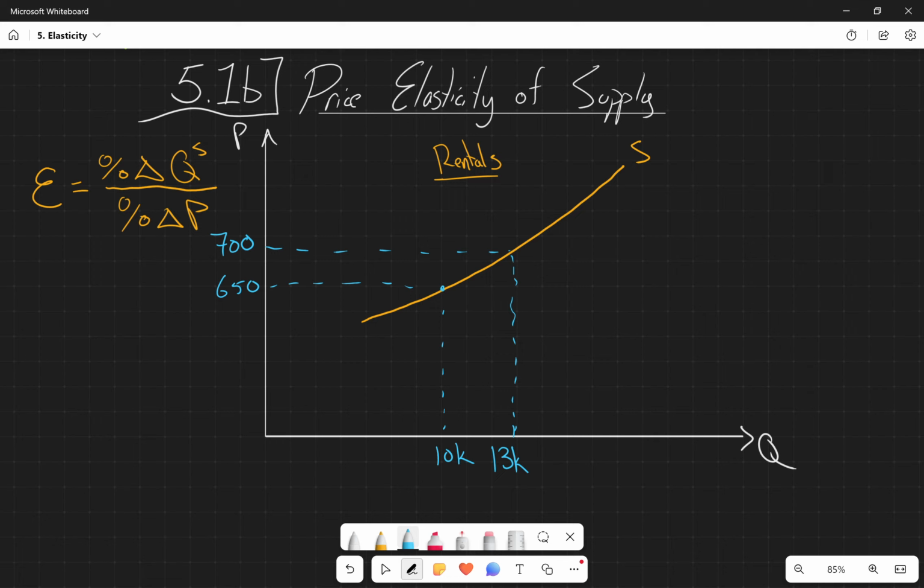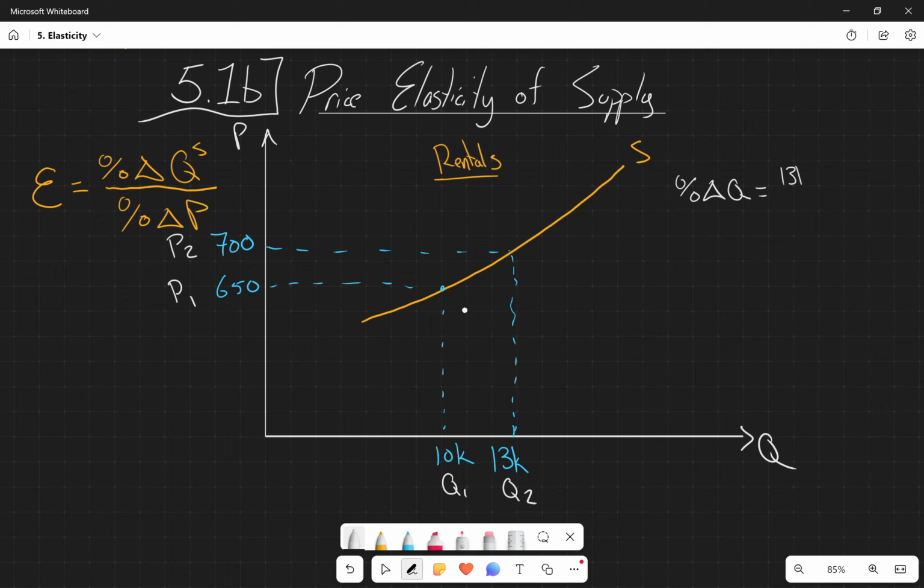And so again, similar to before, right? We can go ahead and say, all right, this is going to be my P1, this is going to be my P2, this is going to be my Q1, and this is going to be my Q2. And then we're just going to go ahead and evaluate it, right? We're going to say, okay, what's my percentage change in my quantity?